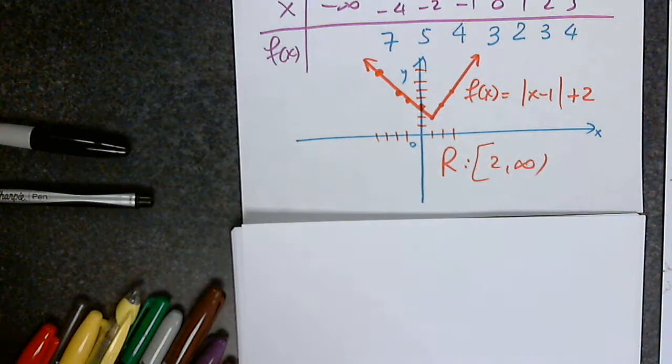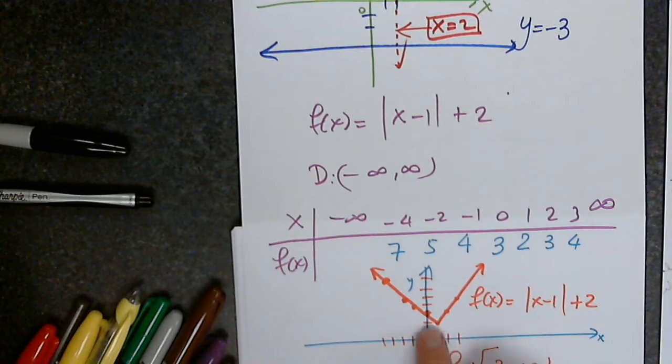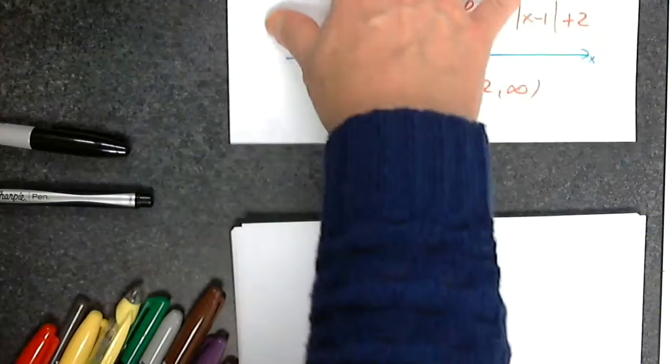You said that 2 is the lowest y value. Yeah, okay, to the largest y value.